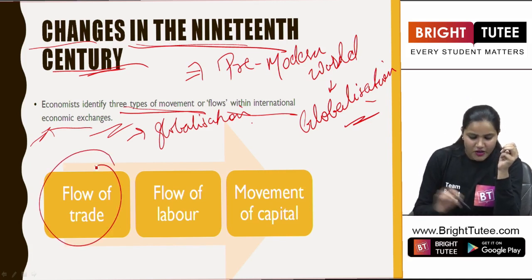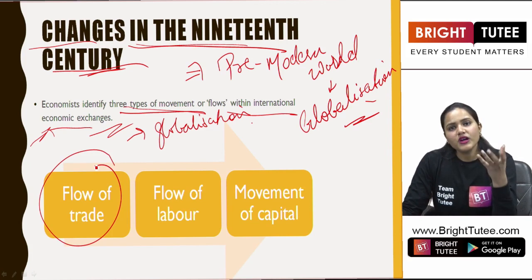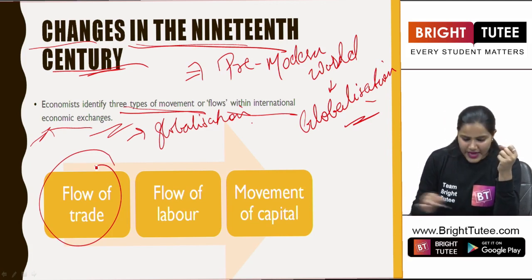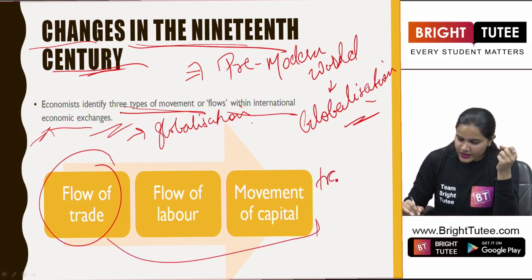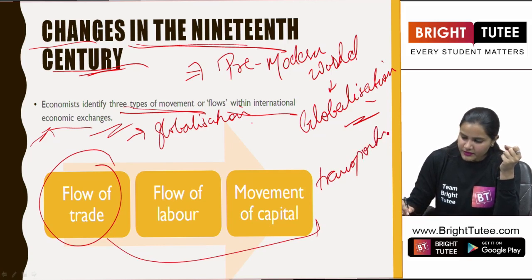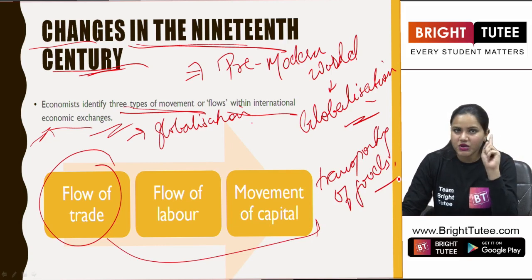The first one is flow of trade. Now, what does flow of trade mean here? It means transporting of goods from one place to another. This was one type of movement that was taking place.